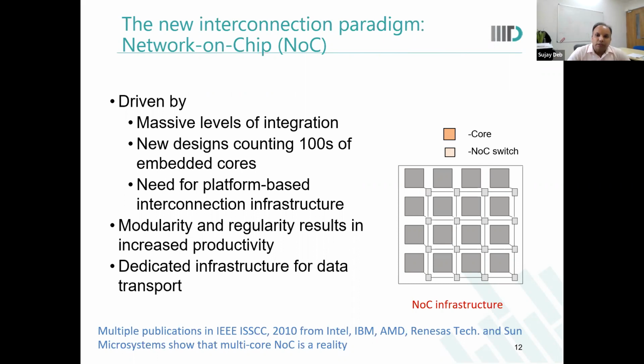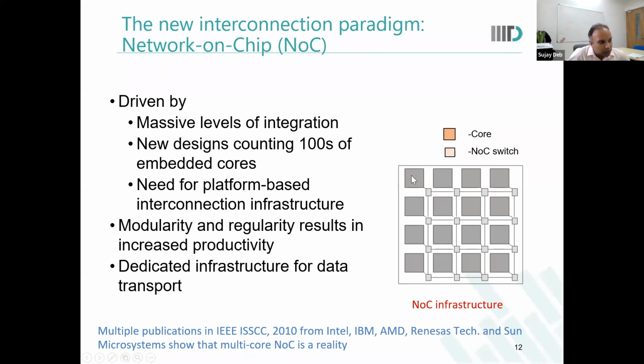To address that, the concept of network on chip was introduced. So what is network on chip? It says you do not use a bus, you use a network to establish communication inside the chip. For that, you have a switch along with an interconnect, and all the communication is taken care of by this combination of switch and interconnect.